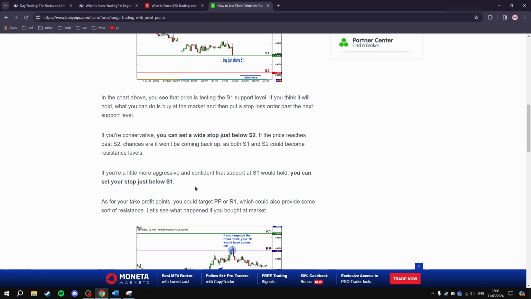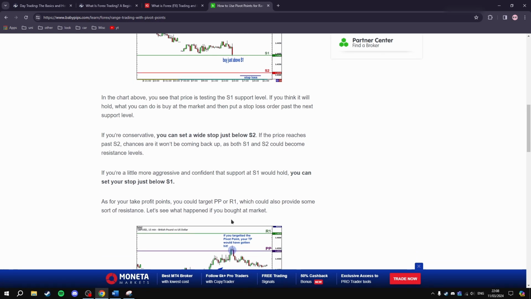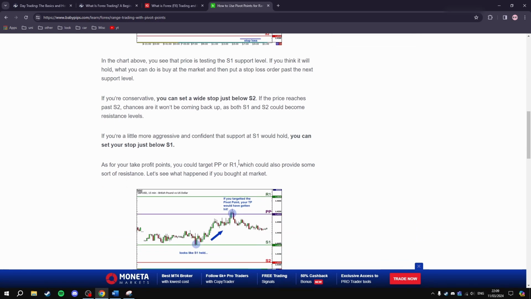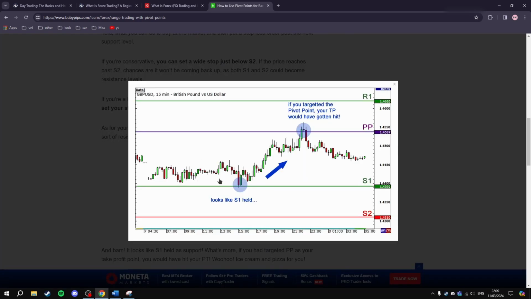As for your take profit points, you could target the pivot point or resistance 1, which could also provide some sort of resistance. Let's see what happens if you bought at market. Looks like support 1 held, so our stop loss at S2 didn't get triggered. It went back up.